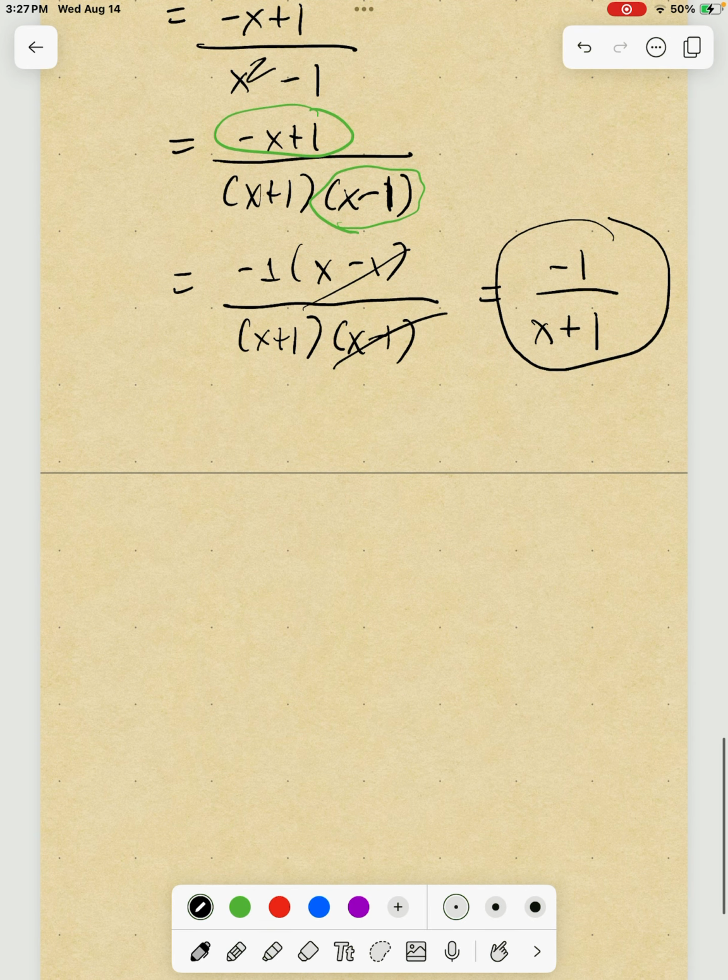anyway, so let's look at an example. You could have an example of a problem where this kind of simplification shows up. Usually it's involving limits.